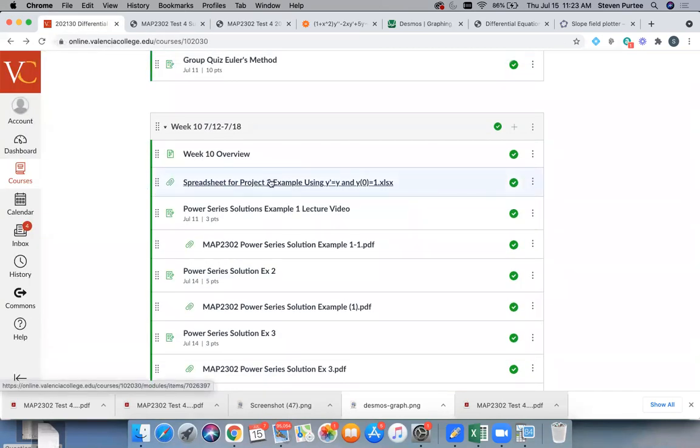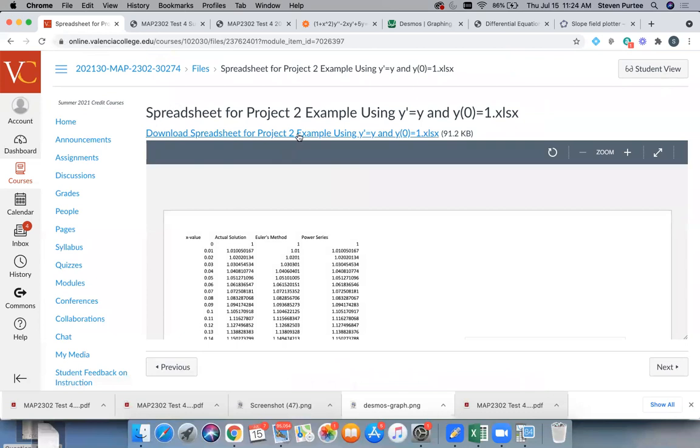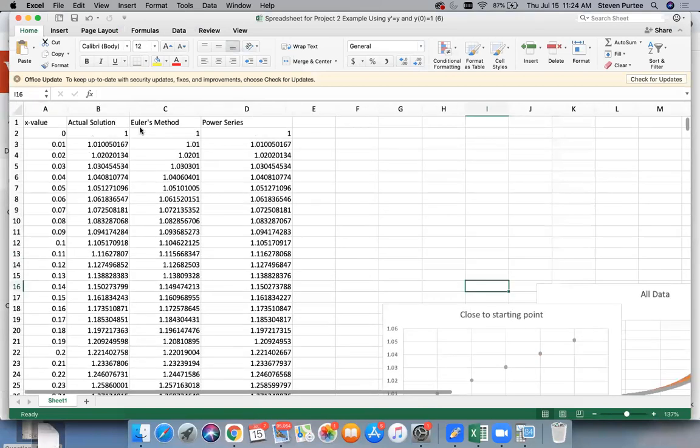Okay, so I put all that in a spreadsheet because that's basically what we're doing in project 2. We're doing something exactly like that. Okay, so here's my actual, the first thing I did, let me walk you through step by step how I did this. Here are my x's. I want to start at 0 because that's the point we're expanding about, and we're looking for something near 0.